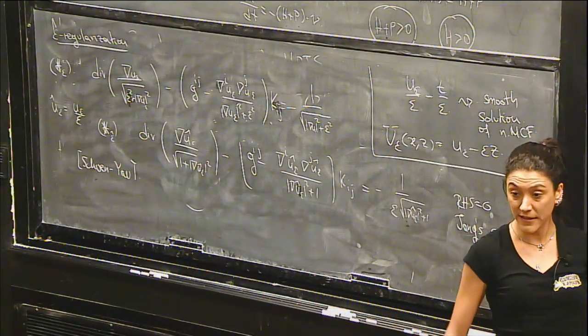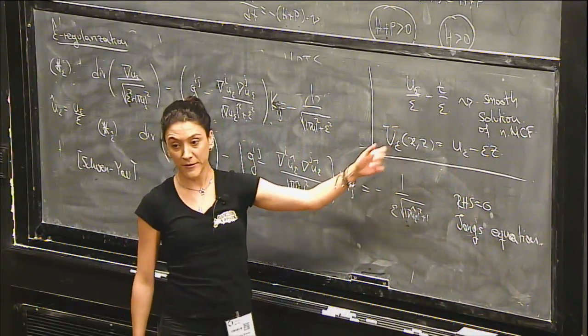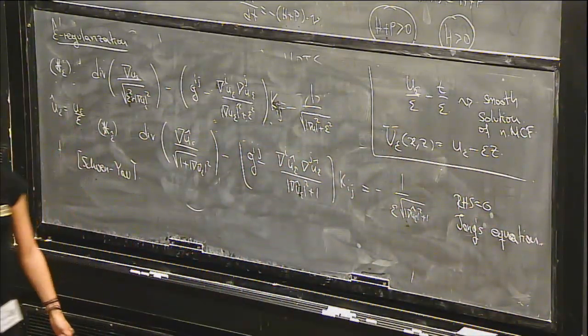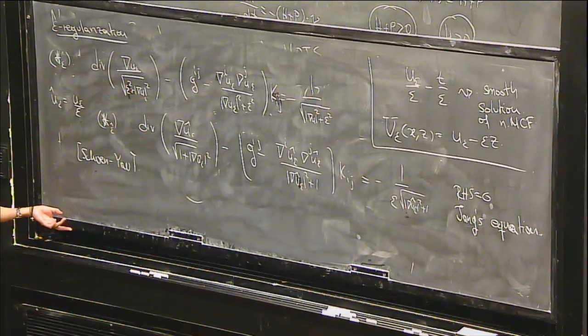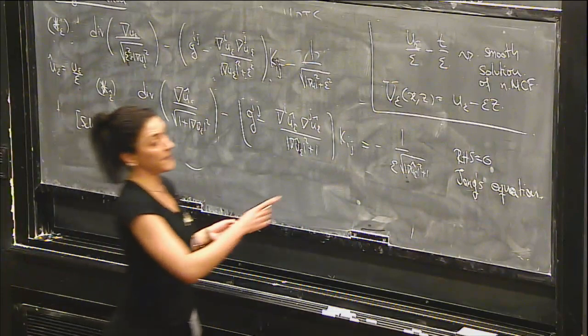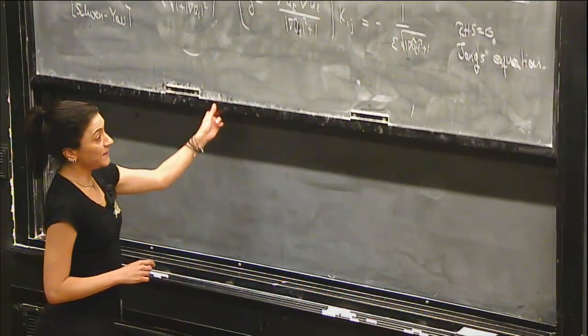Because the level sets of capital U epsilon satisfy smooth mean curvature flow or null mean curvature. Okay, so we will keep this in mind because we'll have to use this as well.